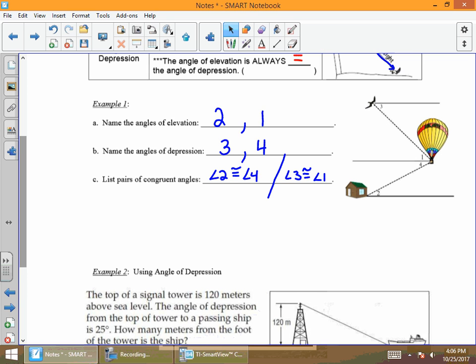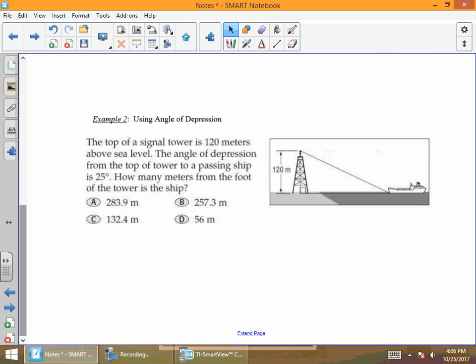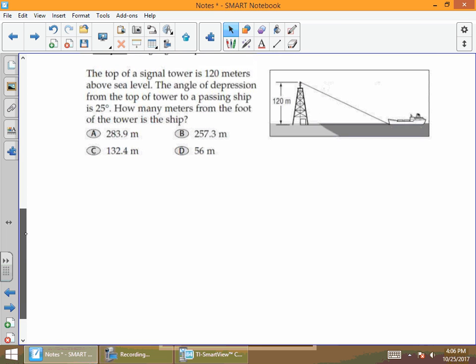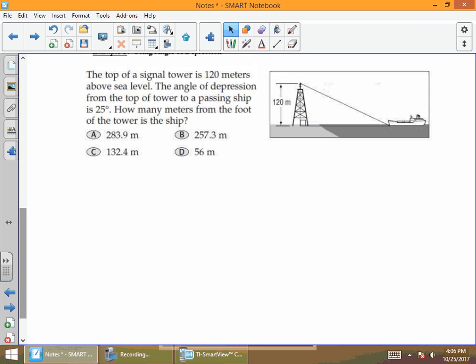So let's take a look at an actual problem. Here's a real-world problem. And it says the top of a signal tower is 120 meters above sea level. The angle of depression from the top of the tower to a passing ship is 25 degrees. So I'm going to first draw that angle. So I'm going to take my horizontal line. All right, that's my horizontal line of sight, or my horizontal line.